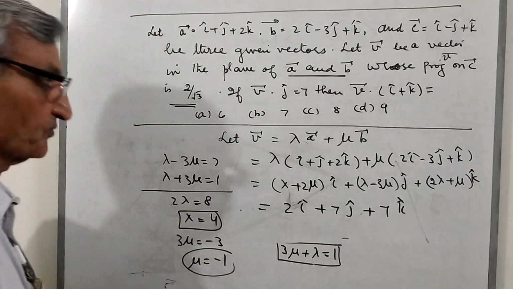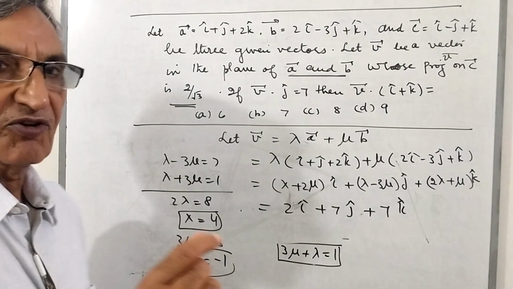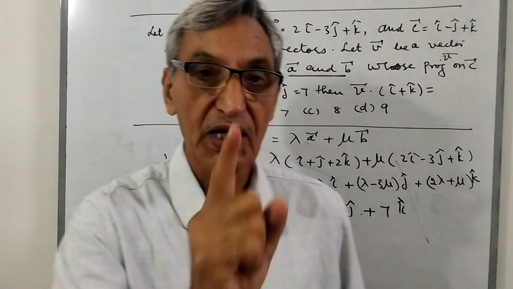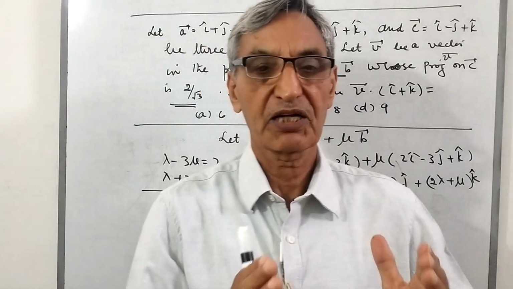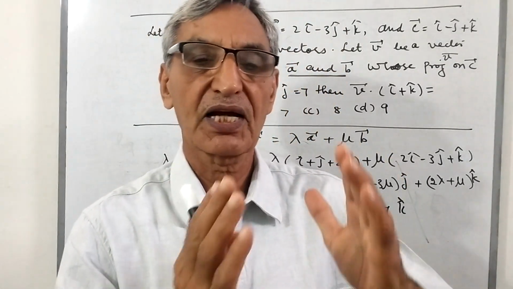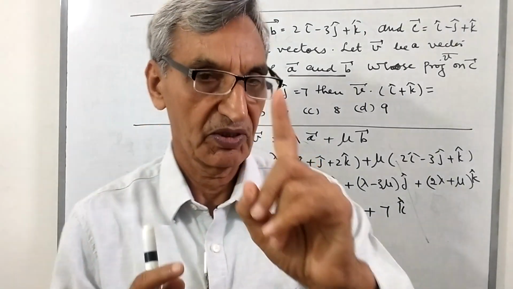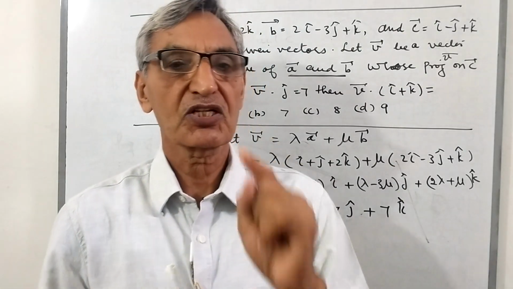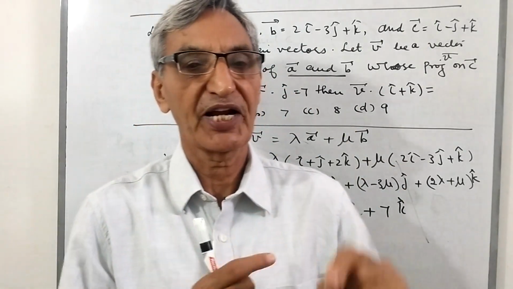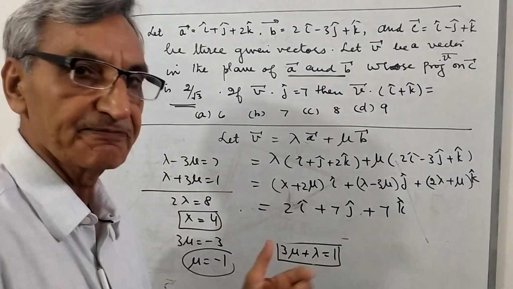Well friends, ultimately we found what V is. We found V by the given two conditions. First of all, V is in the plane of A and B, so V is represented as a linear combination of A and B. Second is the projection concept: projection of vector A on B is equal to A dot B divided by magnitude of B. Using this concept, we got one equation.